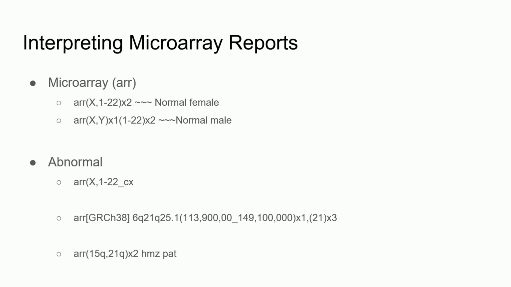The large numbers separated by an underscore in the parentheses are the location of the aberrant nucleotides as they would be found in a genome database, such as Ensembl or UCSC Genome Browser. In addition to the segmental loss in 6q, there is a single copy gain, or trisomy, in chromosome 21.